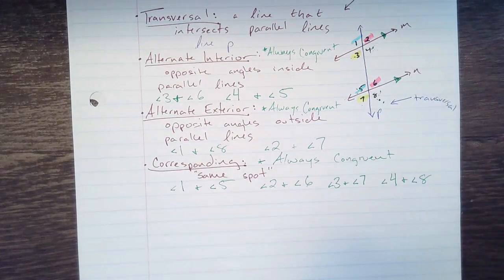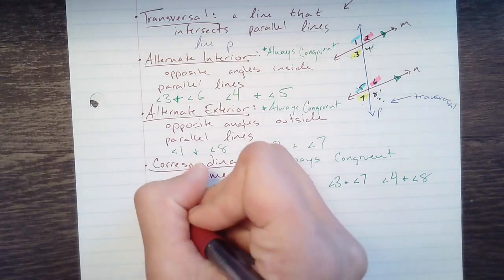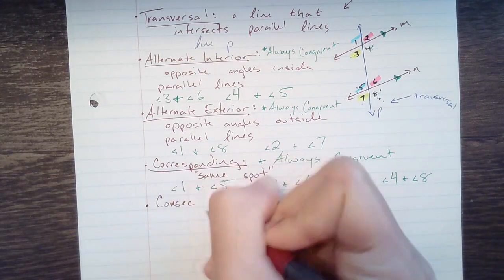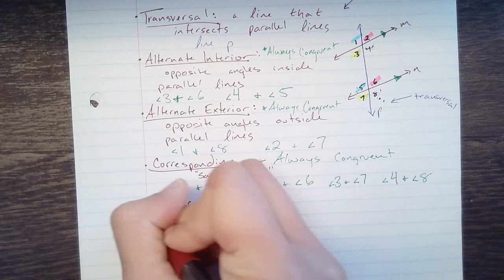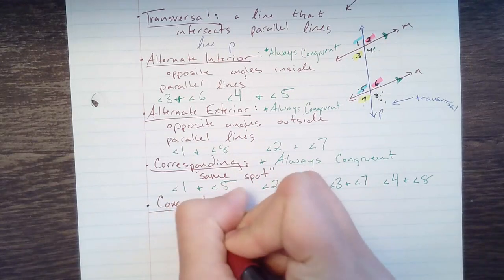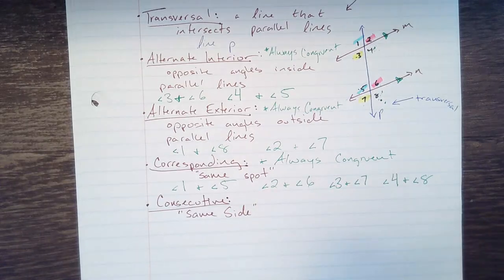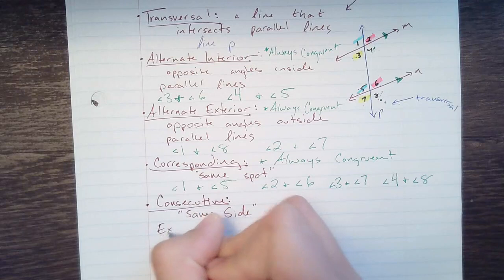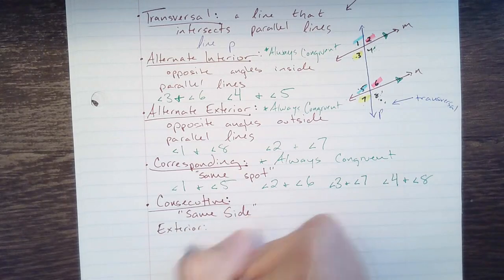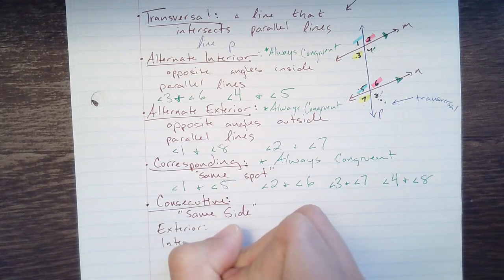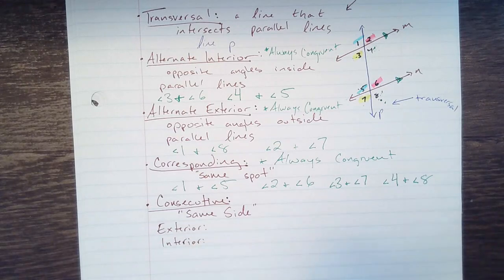And then the last one that we have is consecutive. And those are angles on the side. And then have exterior. Okay, so consecutive exterior angles are on the same side outside the parallel lines, right?